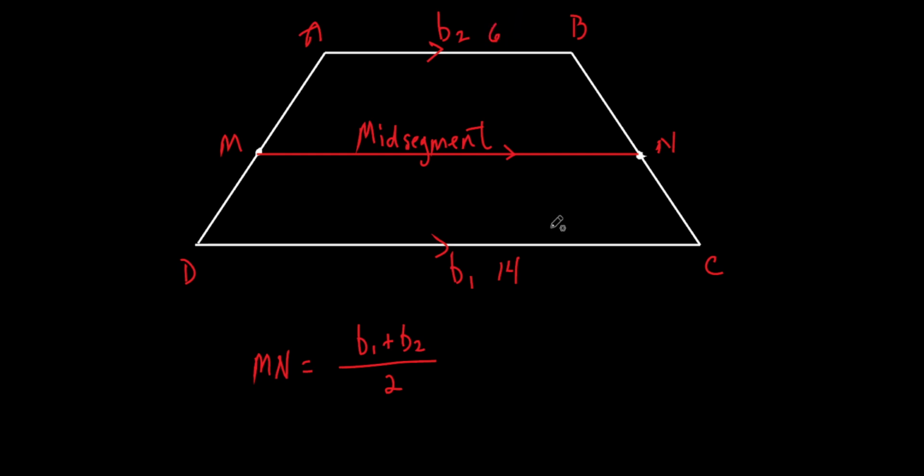If they say find MN, what would you do? You got to add up the bases first. 14 plus 6, and then divide it by 2. So that's 20 over 2, which is 10.